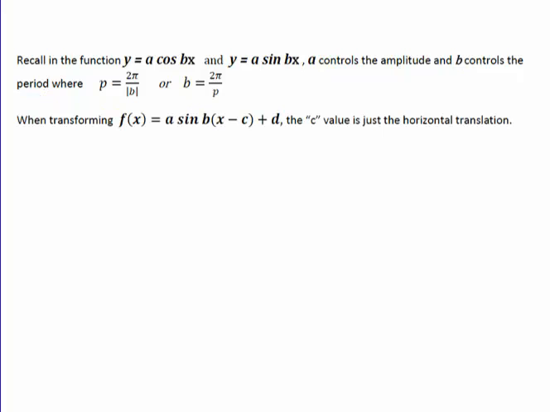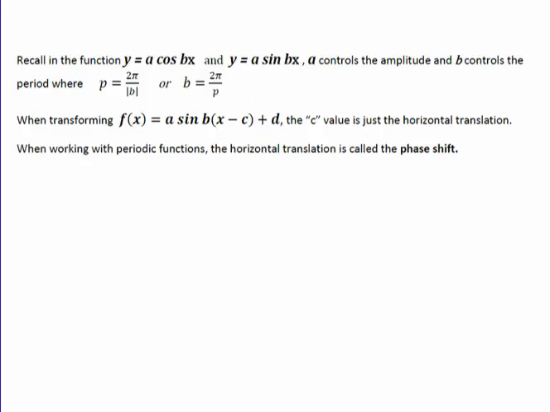Well, if we were to transform a function that has more than a and b, but also has a c value, the c value is really just the horizontal translation, just that shifting left-right. The only thing is, when we're working with periodic functions, sine and cosine functions, we call this horizontal translation the phase shift.